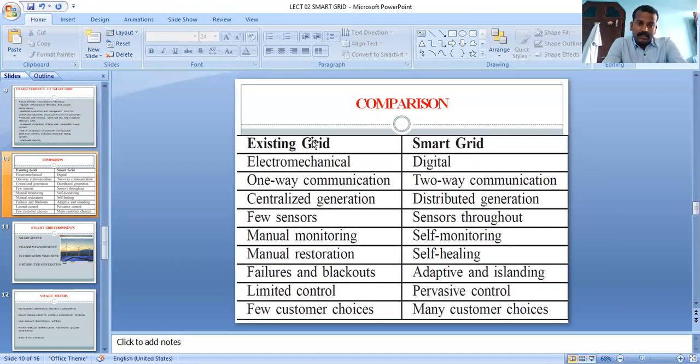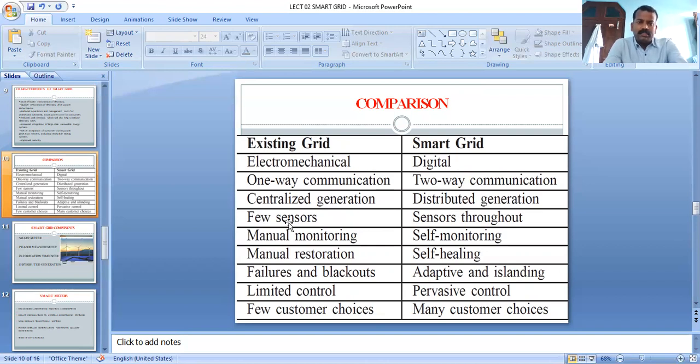In simple expression, the existing grid is centralized generation, and the smart grid is distributed generation. Distributed generation means power generation at the load end. Centralized generation means there is a single power generator whose power is transmitted to each and every load of the state or the country.